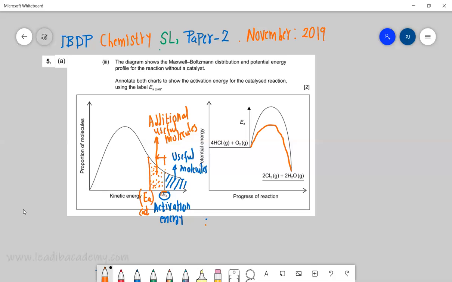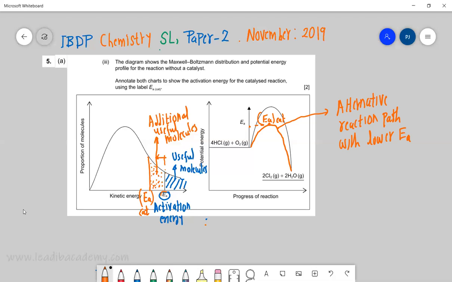This is the alternative reaction path with lower EA. We will term this now as EA with catalyst.